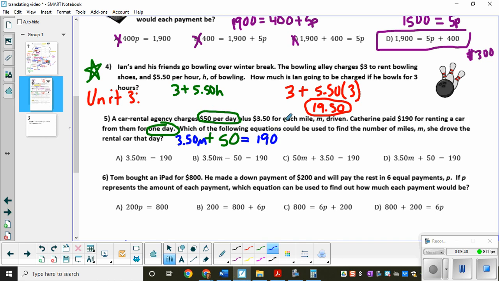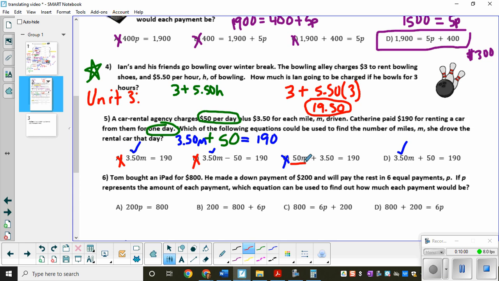So which of the following equations could be used to find the number of miles, which would be M right here? All right, let's just match it up. We're looking for a 3.50M, which this one has and this one has. This one doesn't have it, but this one does. Now we're looking for the 3.50M plus 50, so you're out.